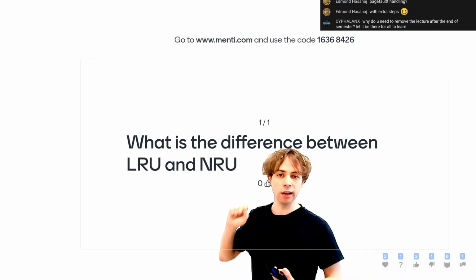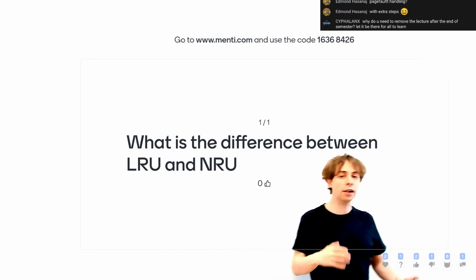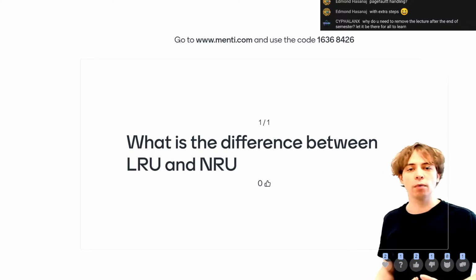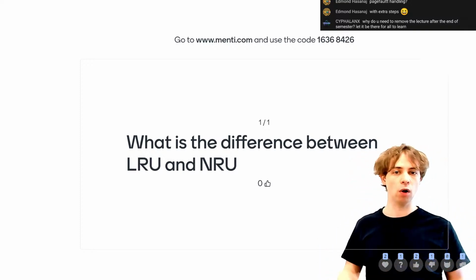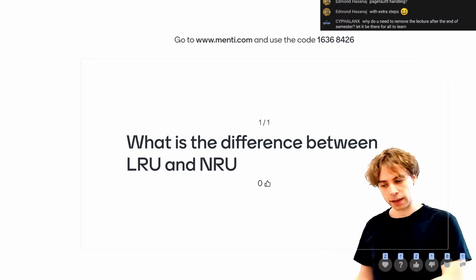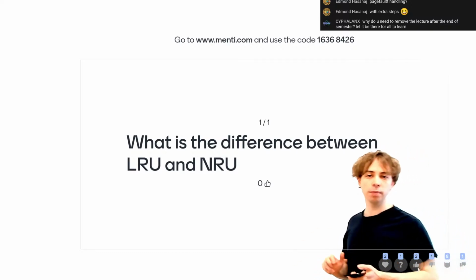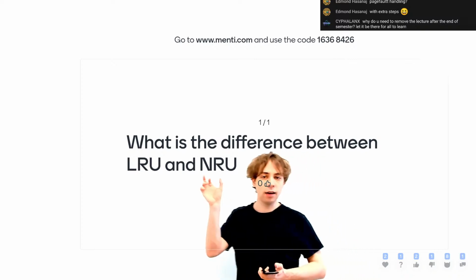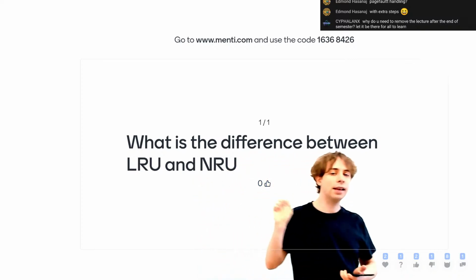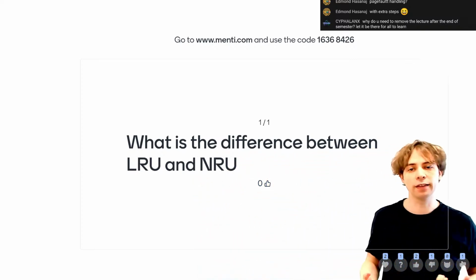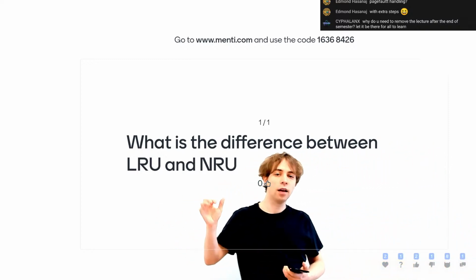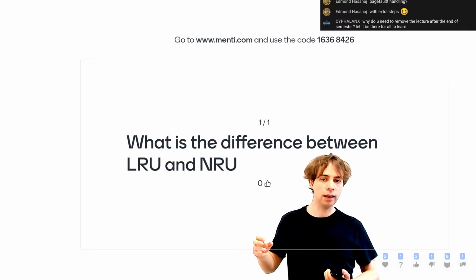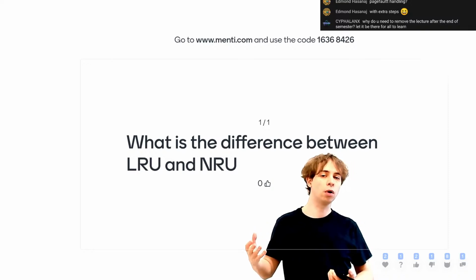Not recently used was an algorithm that we saw last week, where we just kick out pages that have not been recently used, so we always reset these bits and kick out those that have not been recently used. But not recently used does not take into account any time or anything, so it's much less precise and uses the principle of locality to a smaller degree.